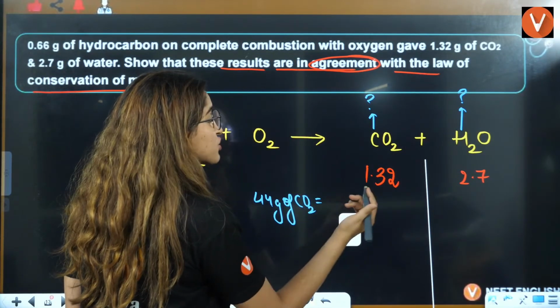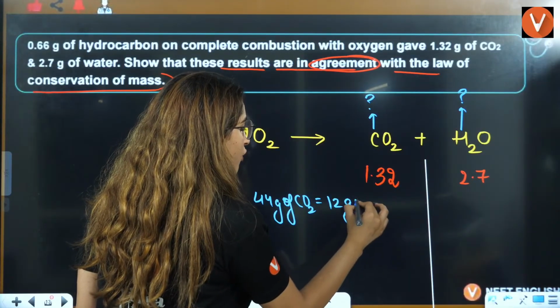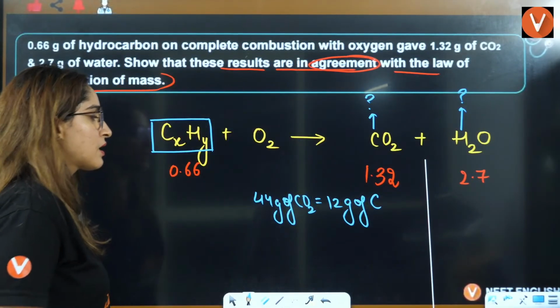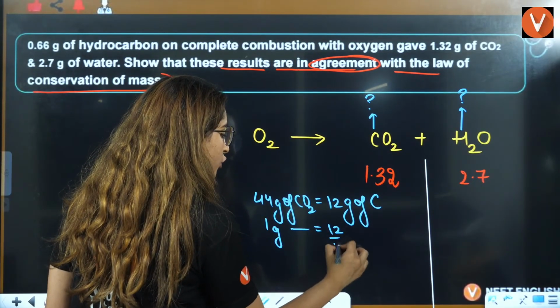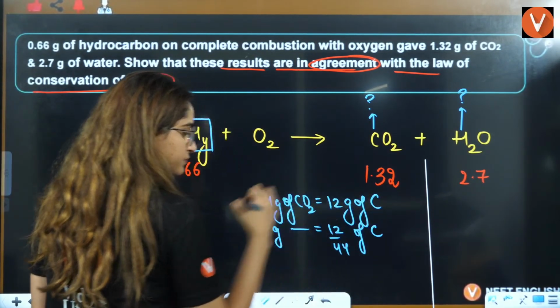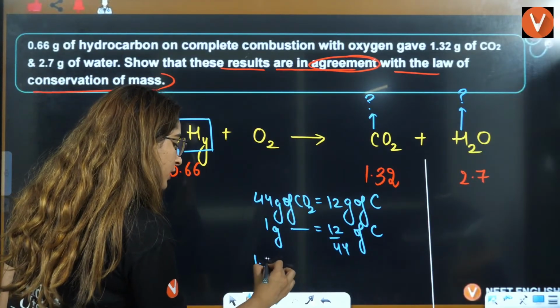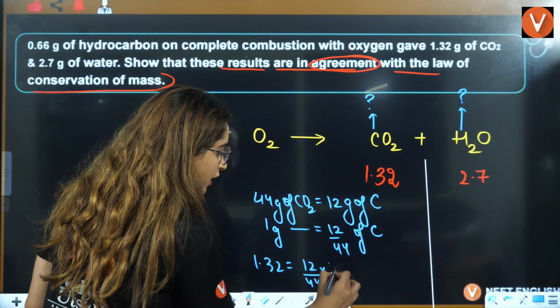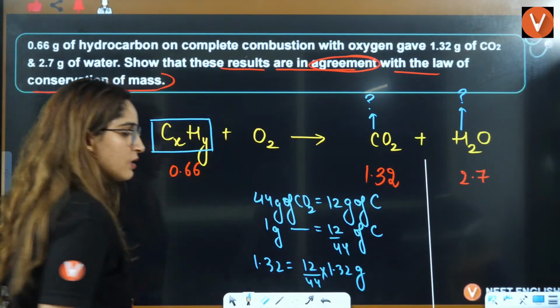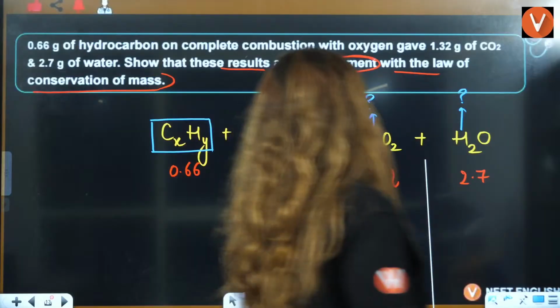12 gram of carbon, right? 1 gram of CO2 will have 12 by 44 of carbon, and 1.32 will have 12 by 44 into 1.32 gram. Here what you will say?